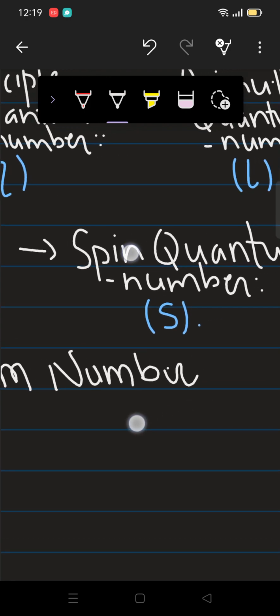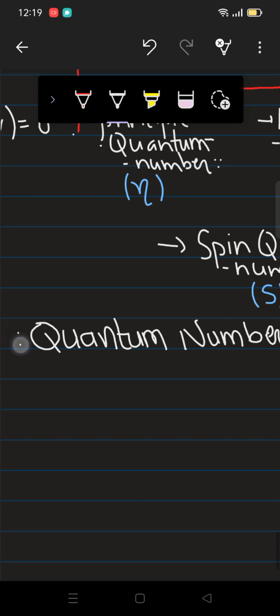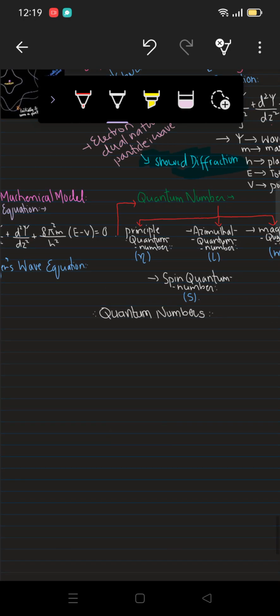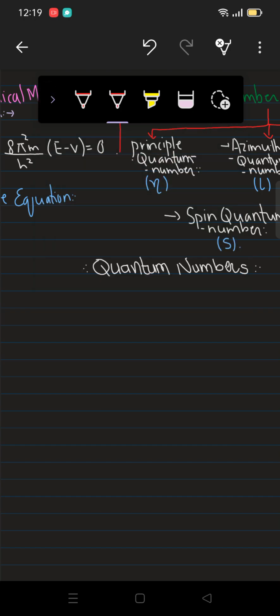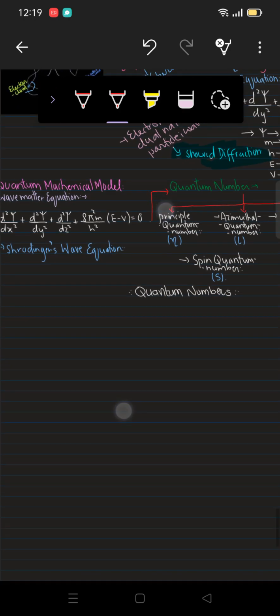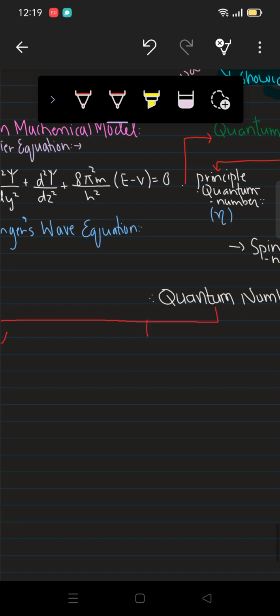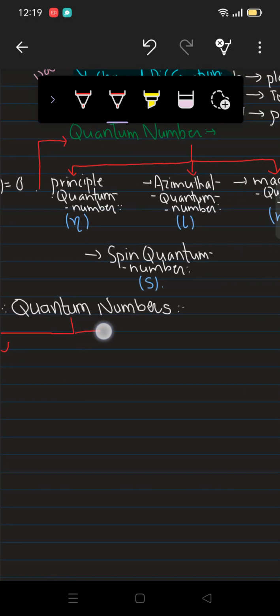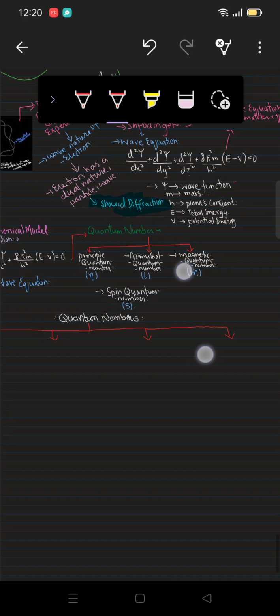With this equation we just got three quantum numbers: principal, azimuthal, and magnetic. The spin quantum number we didn't get from this equation, but we have four quantum numbers. There would be one here, a second one here, a third one here, and the last one here.